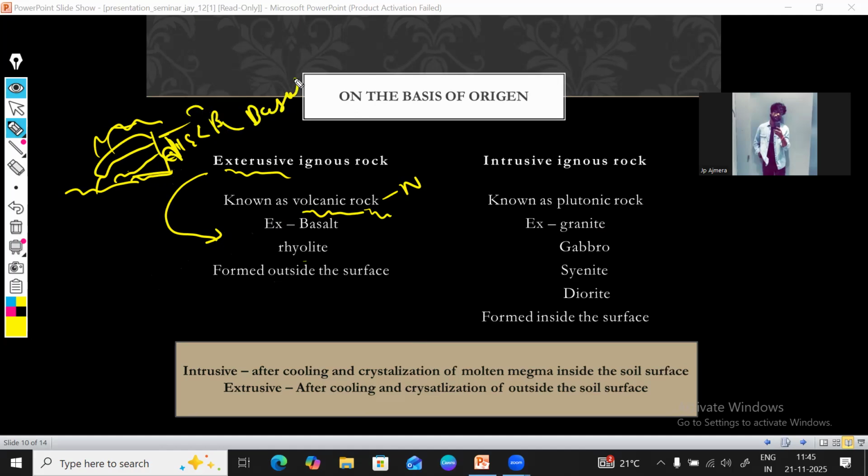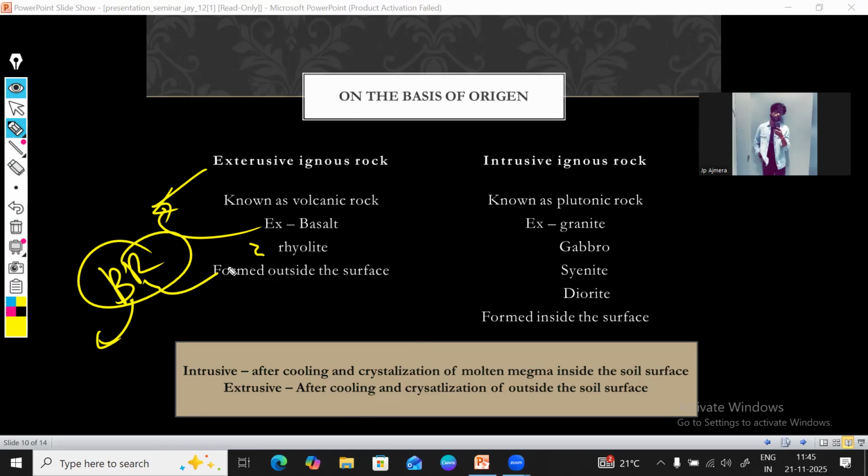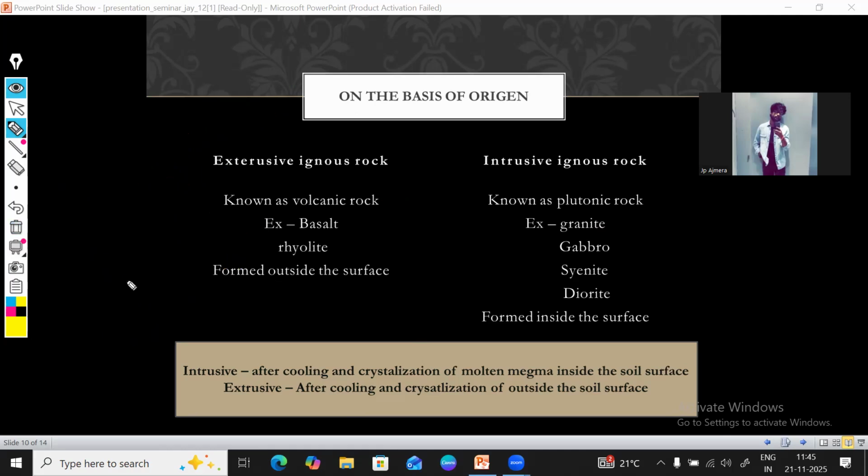So that is the trick to remember the example of extrusive igneous rock. So basalt is the extrusive or volcanic rock. All right, and rhyolite is the other one. BR. You can use this trick to remember B से basalt और R से rhyolite. So there are the examples of extrusive igneous rock, right?